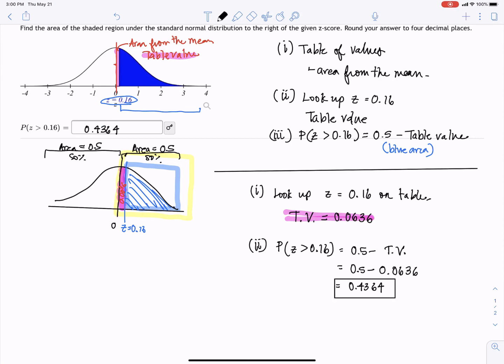But there is another way to do it in the calculator. To do that, you would just hit second vars, which gives you the distribution menu, and do normal CDF. So let's take a look at how to do that.